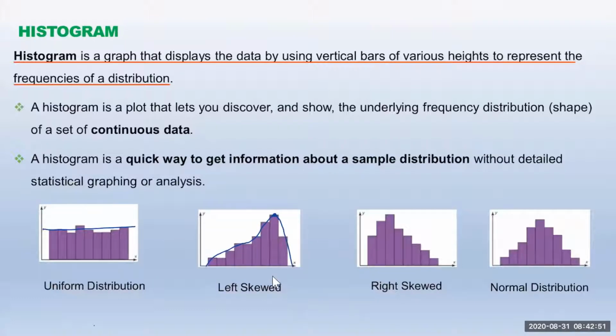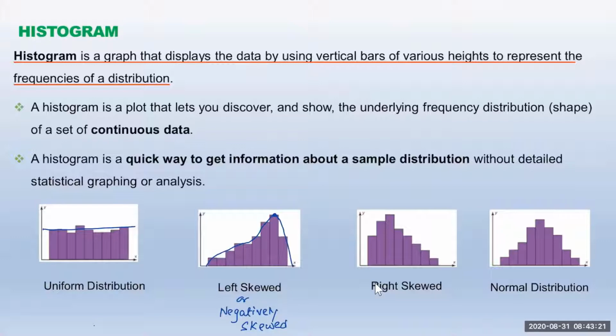When the data is more towards the left, we say that this data is not uniform. This is left skewed. It is more towards left or more towards the negative numbers. That's why we also say left skewed or negatively skewed. So we are looking at the histogram and we are talking about the shape of the distribution.